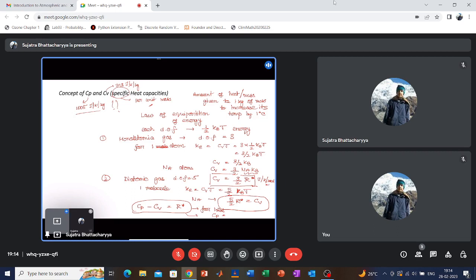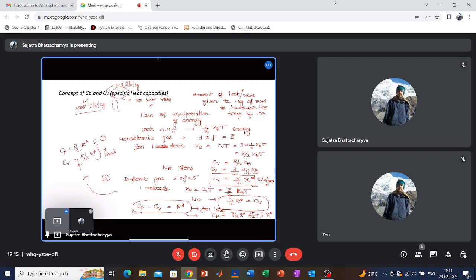So for diatomic gases, it will be 7 by 2 R star, which can be written as 5 by 2 plus 1 R star. That's all. So for a diatomic gas, Cp is 7 by 2 R star for 1 mole, and Cv is 5 by 2 R star for 1 mole. So these are all for 1 mole of diatomic gas, right?